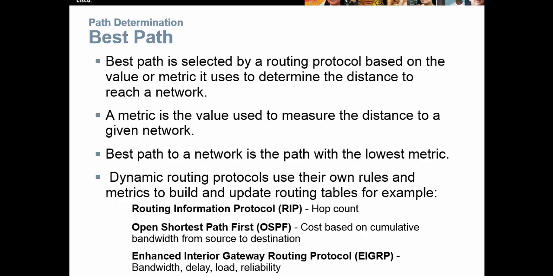For example, RIP, or Routing Information Protocol, uses hop count. Open Shortest Path First, or OSPF, is cost-based on cumulative bandwidth from source to destination. And then we have Enhanced Interior Gateway Routing Protocol, or EIGRP, and that looks at bandwidth, delay, load, and reliability.